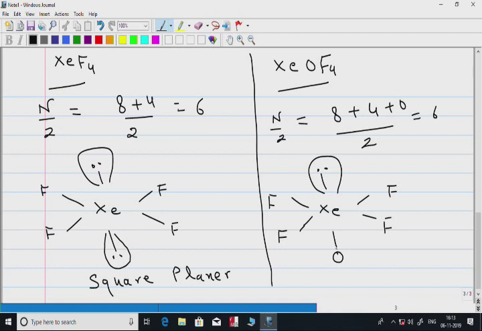In actual, there is a double bond between oxygen and xenon, but according to VSEPR theory, that pi bond has no sense. Copy and confirm. Guys, copy and confirm.